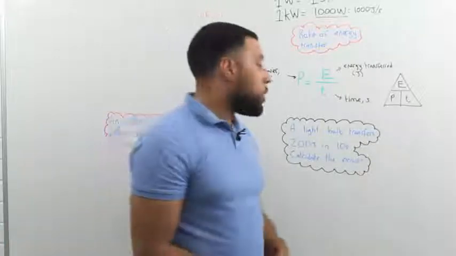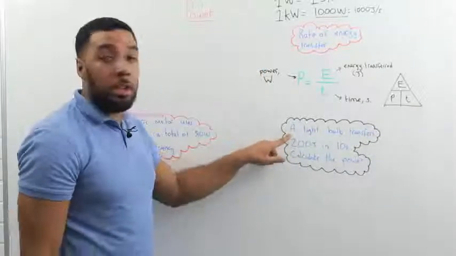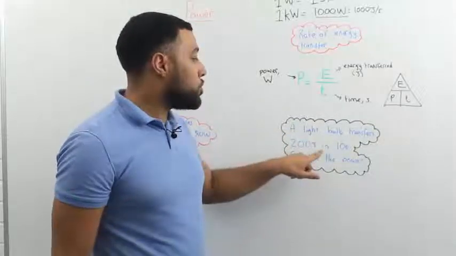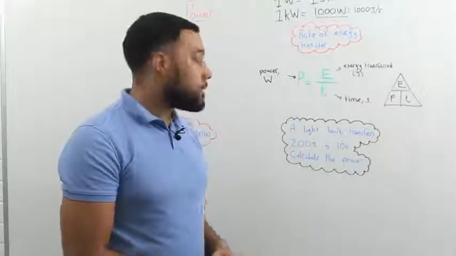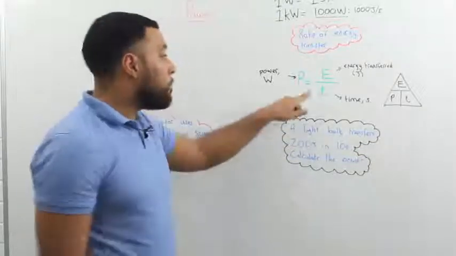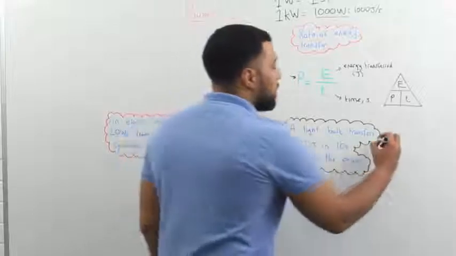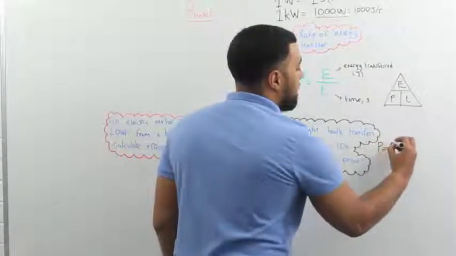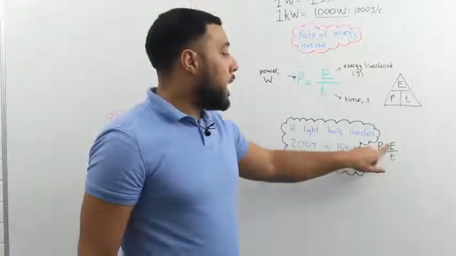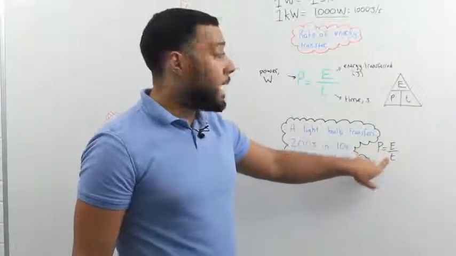So what would an exam question look like? Well, you might get one that looks like this, and it says a light bulb transfers 200 joules in 10 seconds. Calculate the power. Well, I can plug my equation straight in. Power is equal to energy divided by time.